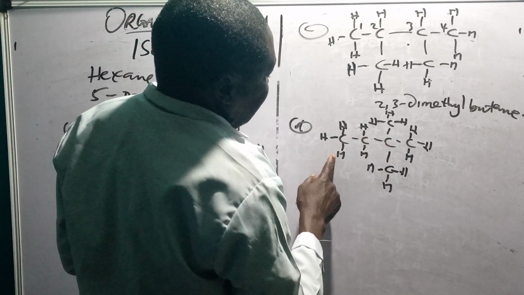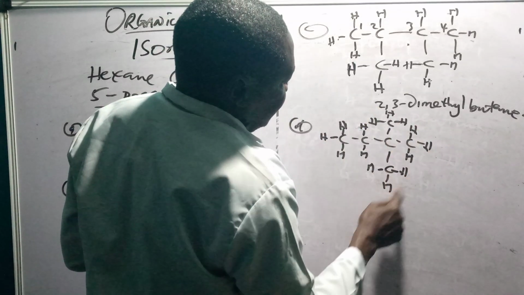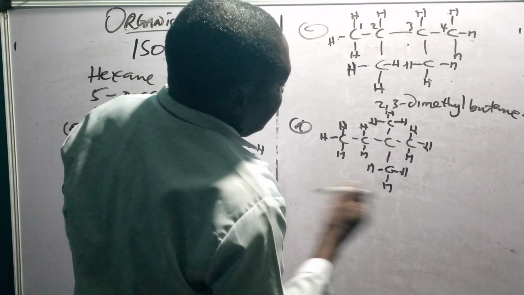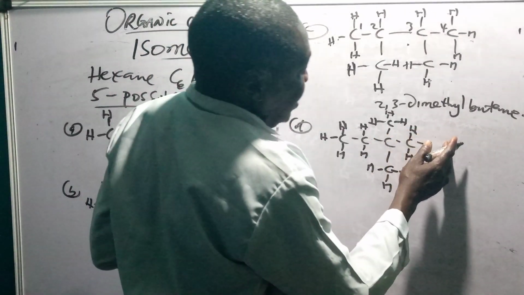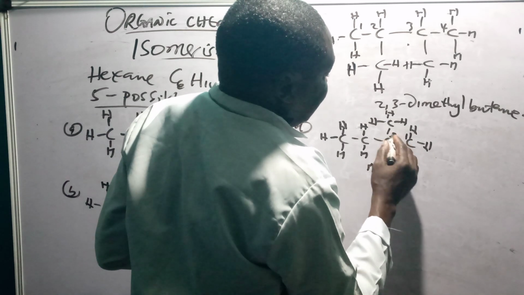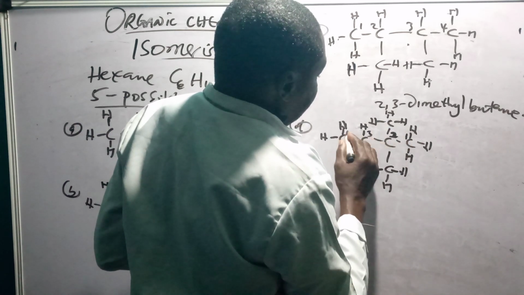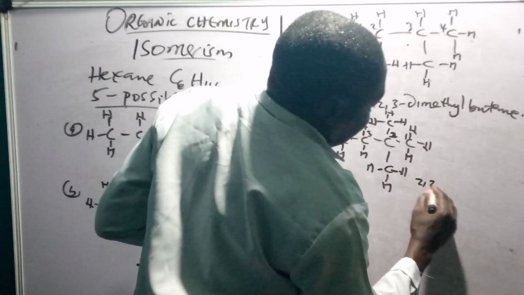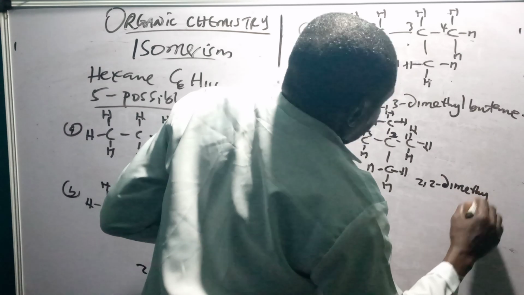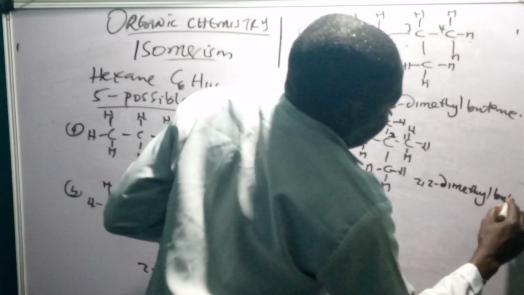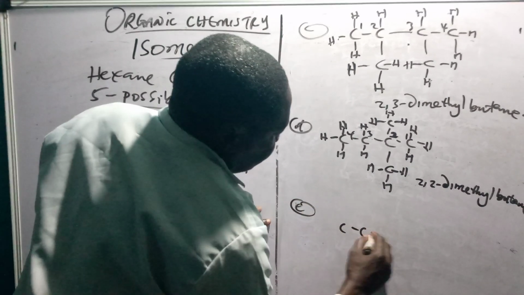The number of hydrogen, let's start from here. 1, 2, 3, 4, 5, 6, 7, 8, 9, 10, 11, 12, 13, 14. So this one, because the branches are closer to the right hand side, you start counting from the right hand side, just to give this substituent the lowest number. 3, 4. So 2,2-dimethyl butane is the name.